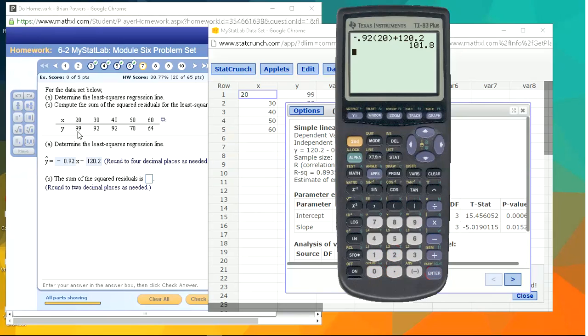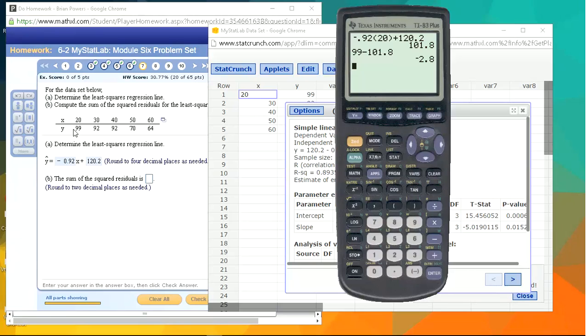Okay, the model would have predicted 101.8. Now the actual value was 99. The residual is calculated by taking the actual value, 99, and we subtract what the model would have predicted, 101.8. This number I just have here is the first residual.